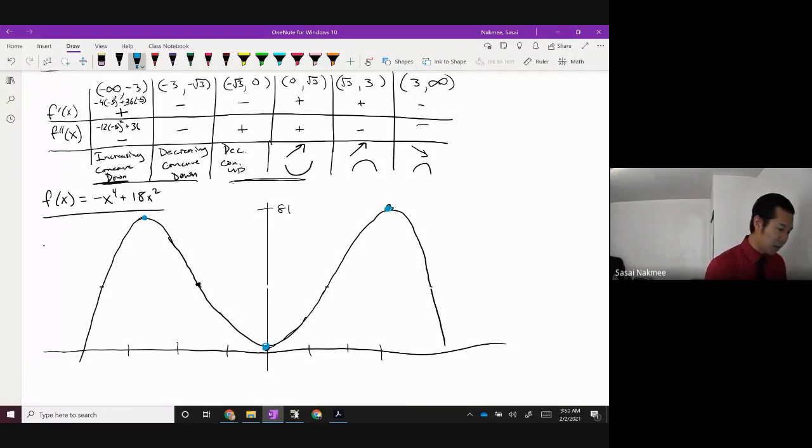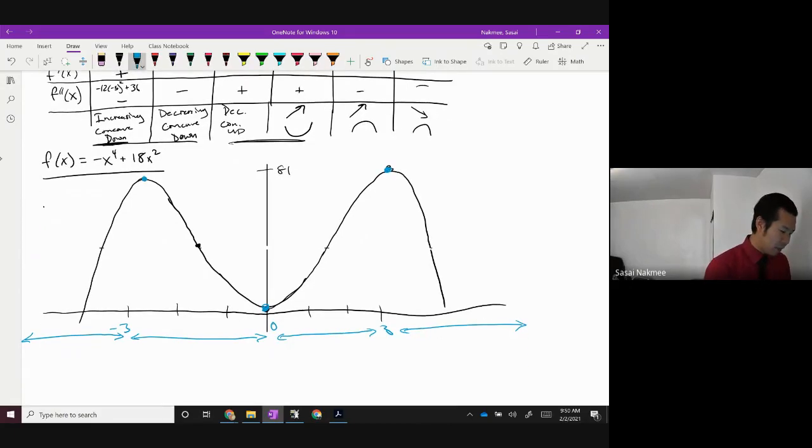So with those critical points, right, which are going to be at -3, 0, and +3, it creates intervals for you, right, Calvin? So it creates this interval from -infinity all the way up to -3, and then from -3 all the way up to 0, and then from 0 all the way up to 3, and then from 3 all the way to infinity, right? So those intervals, you need to test in the first derivative to see if it is positive or negative.